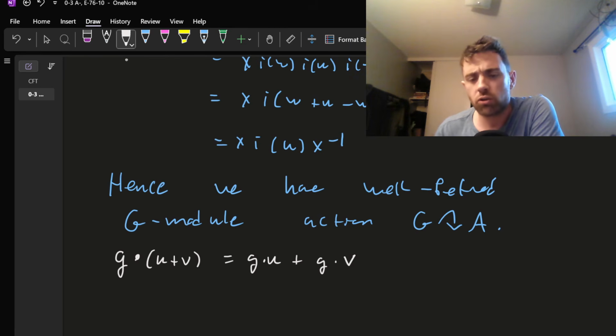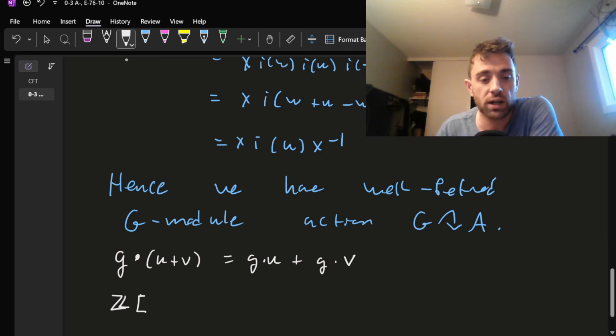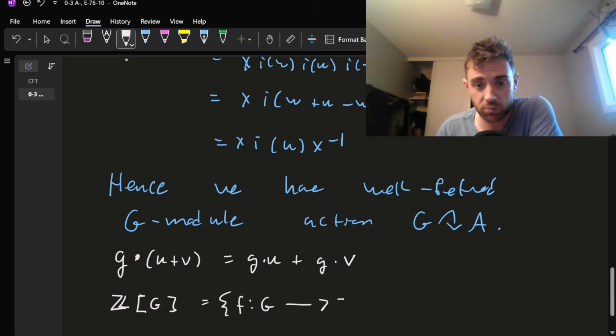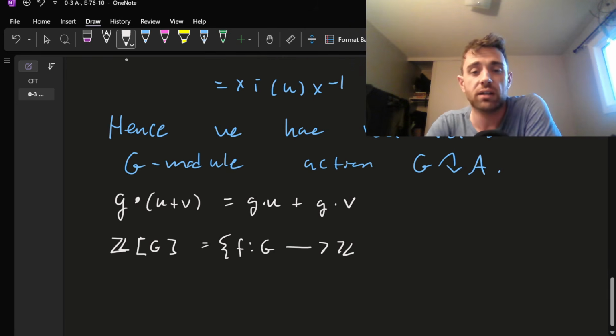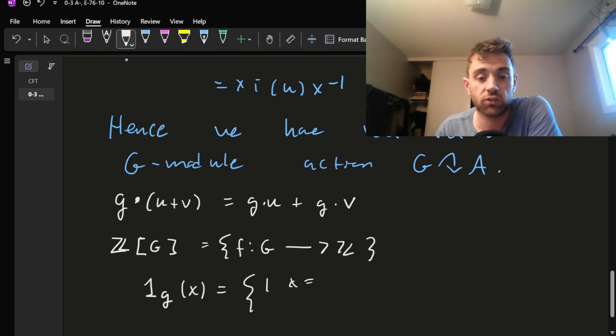Why would we say the word module? You might know that a module is something that happens over a ring. Well, this does naturally give rise, if I form the ring of all functions from my group G to Z, to an action that extends. A basis of this ring is given by the indicator function, which evaluates to 1 if x is equal to g and 0 otherwise.